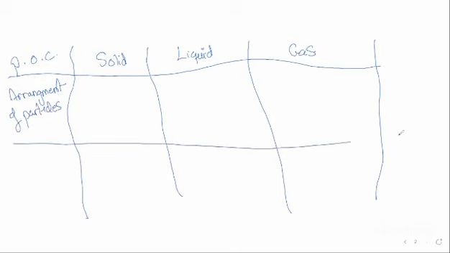So, what do you think about the arrangement of particles in the solid state? I think they are having fixed shape, fixed volume, a low amount of energy, and high attraction force. I think that the arrangement will be a regular arrangement.